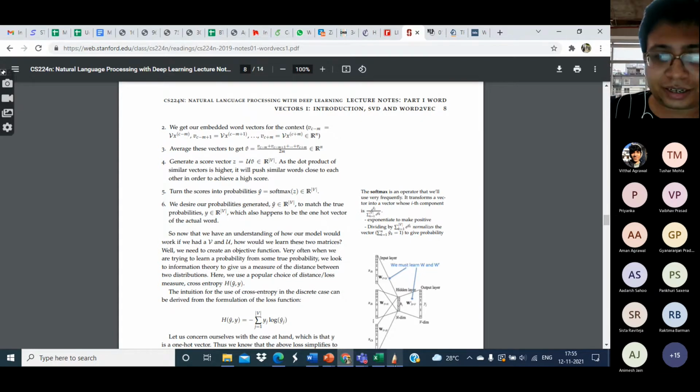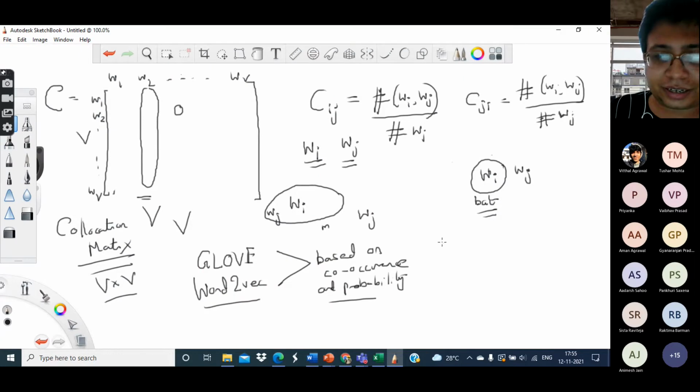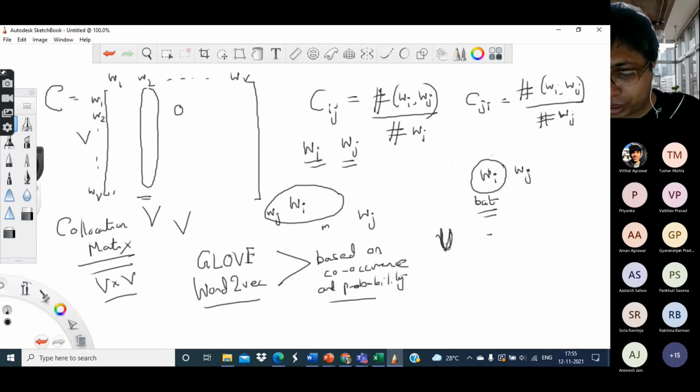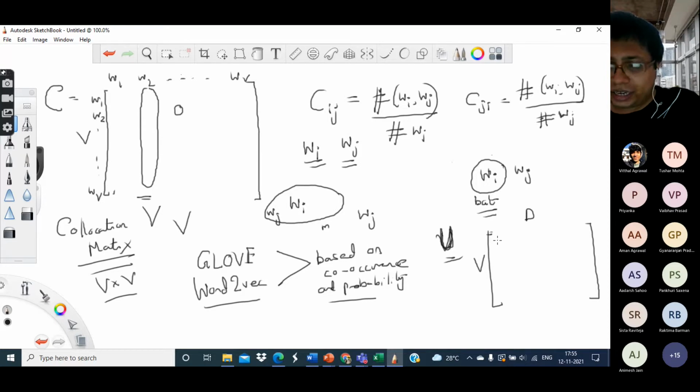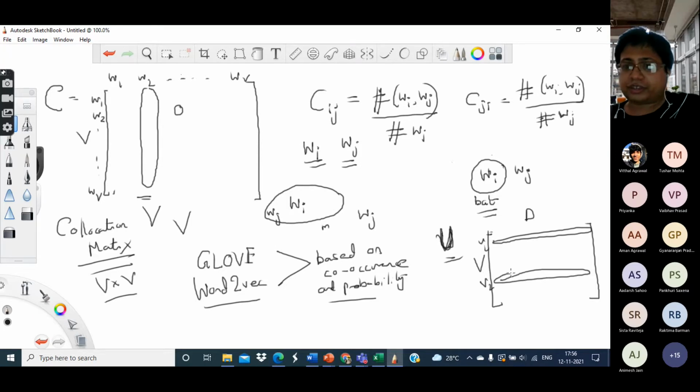Basically, you can consider the word matrix to be a V cross D matrix, V this way and D this way. For every word v1 you have a d-dimensional vector like this, for v2 again another d-dimensional vector, and so on.